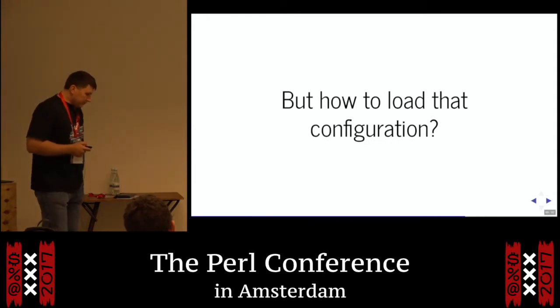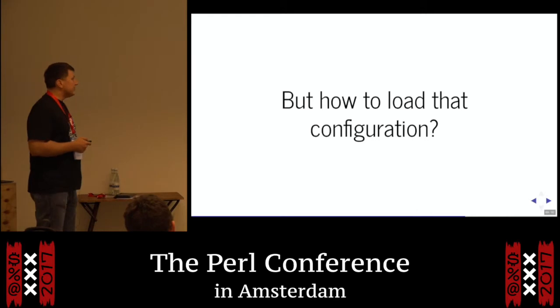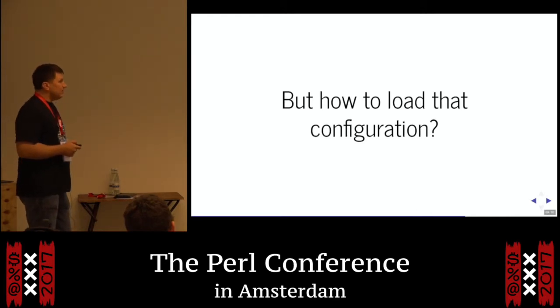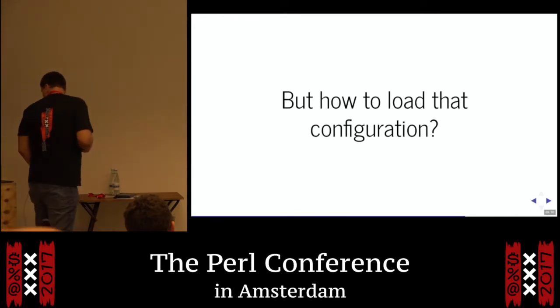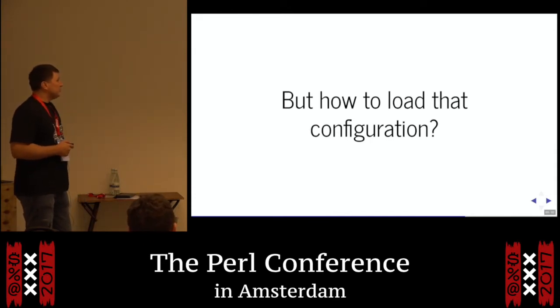Okay, so we have a JSON configuration somewhere. We don't know where it is located. I think the most straightforward way would be to specify it in the RT configuration.